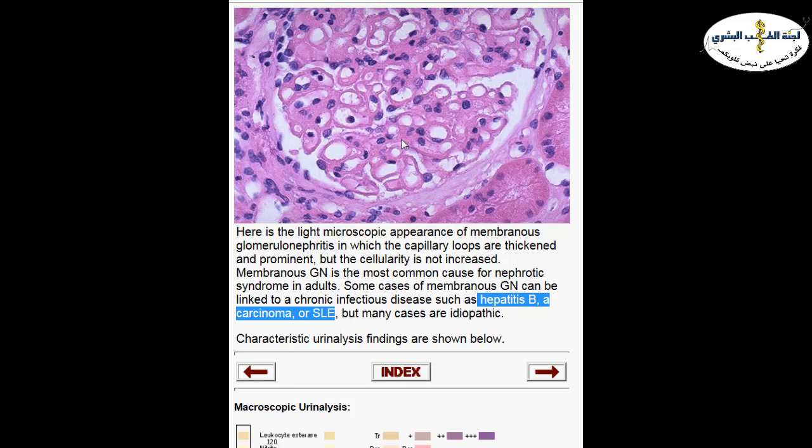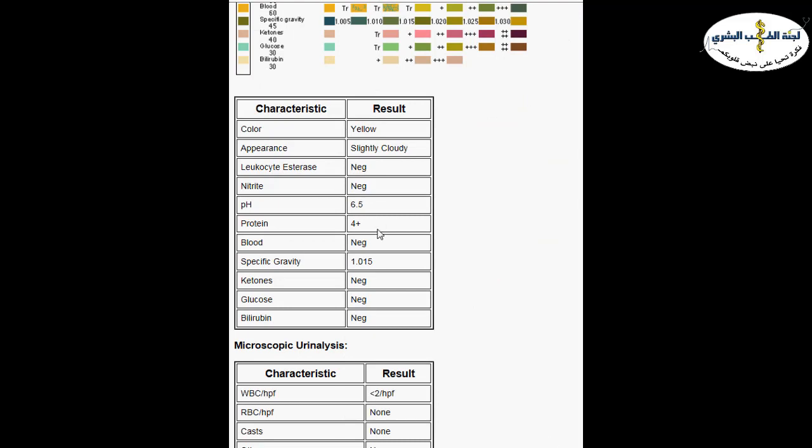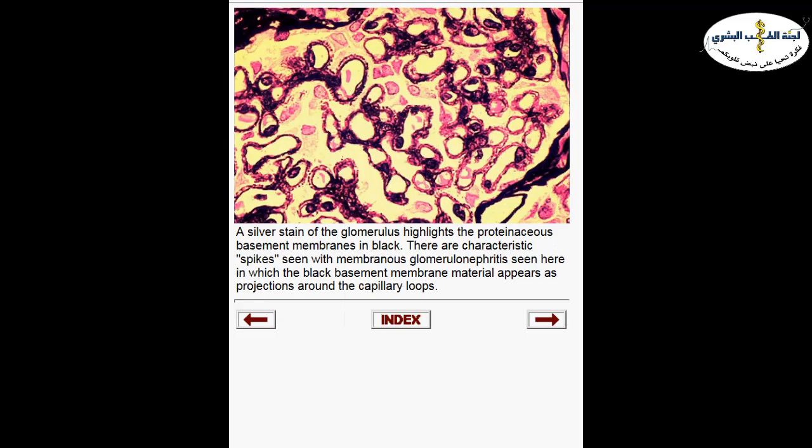Because it causes nephrotic syndrome, in the urine analysis the only finding is a significant amount of proteinuria. Here it's 4+. The other findings are normal.